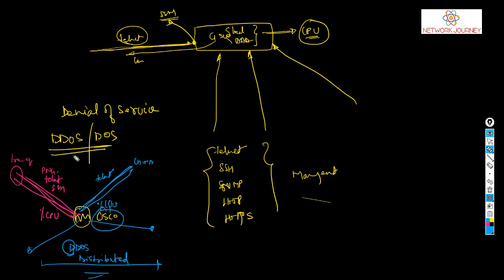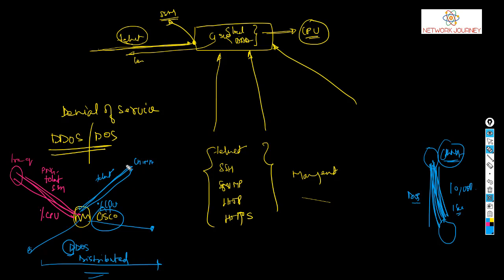This is DDoS. What is DoS? DoS is where the hit originates from a single location, might be China. You are one group of people sending a lot of attack traffic, might be 10 lakhs of attacks in just 1 second. That's called a DoS attack.